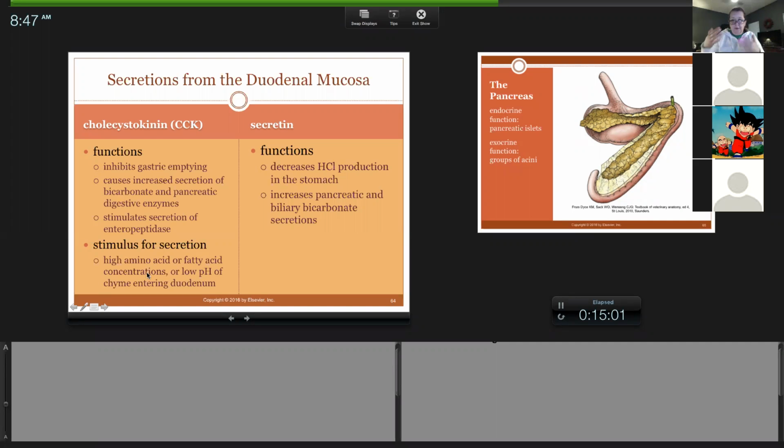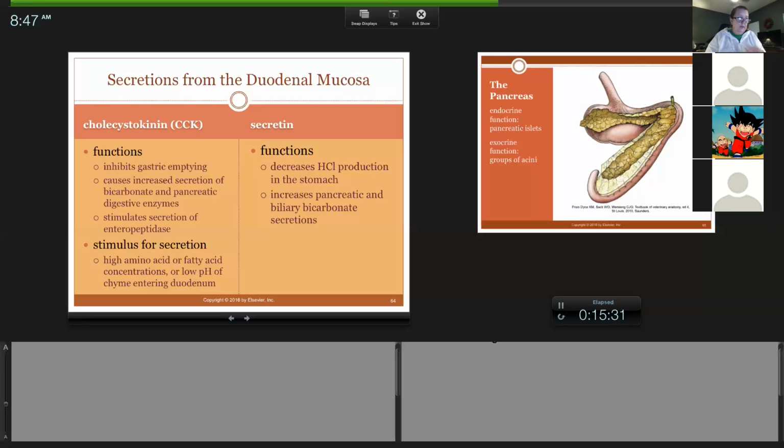If I'm the duodenum and you're the stomach and you just keep sending me stuff and I'm trying to process it and I'm like, whoa, this is really fatty, high protein, really acidic, it's going to hurt, I'm going to secrete these things, and then the stomach goes, okay, I'll slow down. And then the bicarb is going to decrease the acidic content, and it's going to help break down the fat.